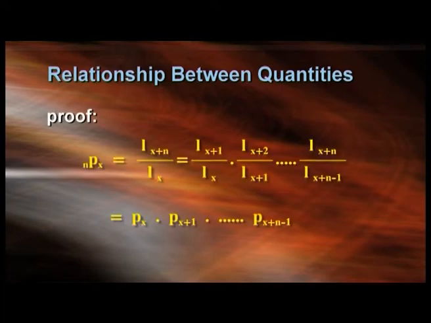We have by definition that n P of x is equal to L of x plus n divided by L of x, which is equal to L of x plus 1 divided by L of x into L of x plus 2 divided by L of x plus 1 and so on till L of x plus n divided by L of x plus n minus 1, which is equal to P of x into P of x plus 1 and so on till P of x plus n minus 1, hence proved.